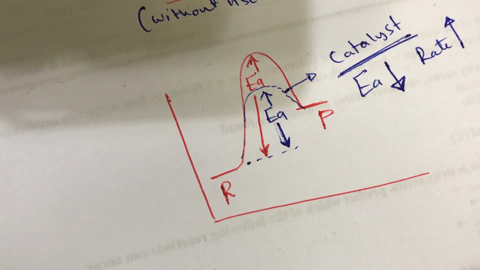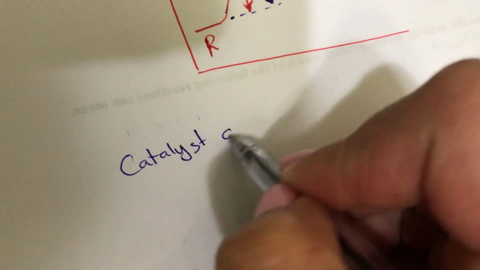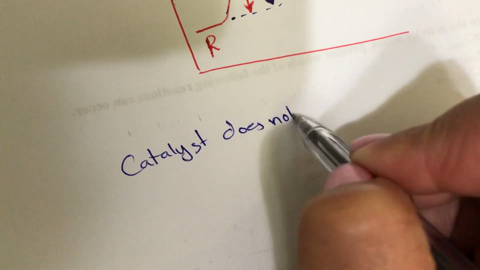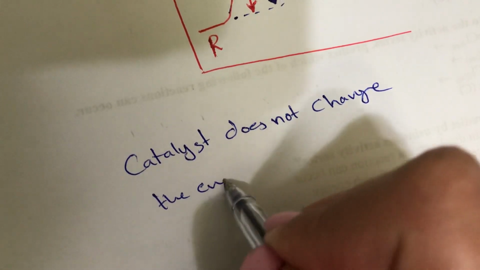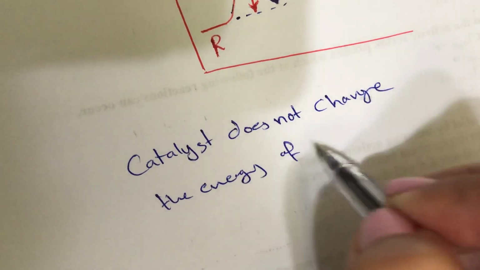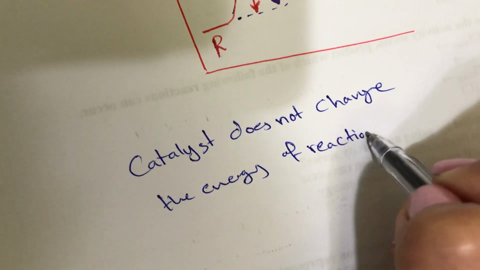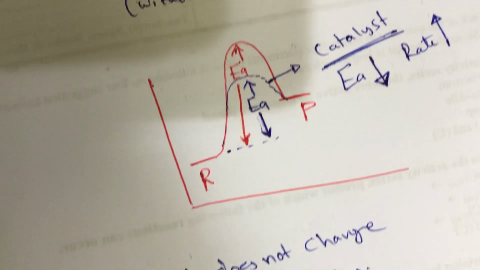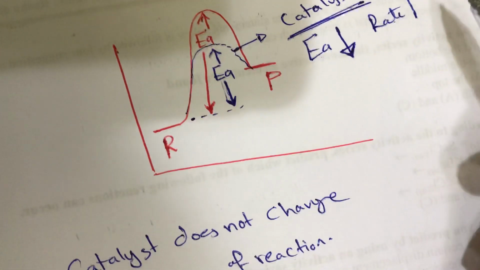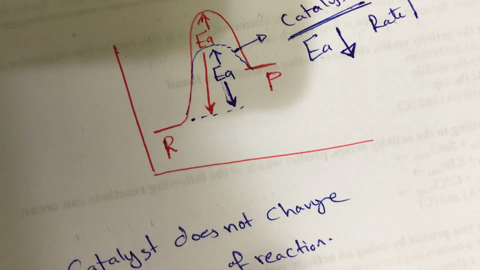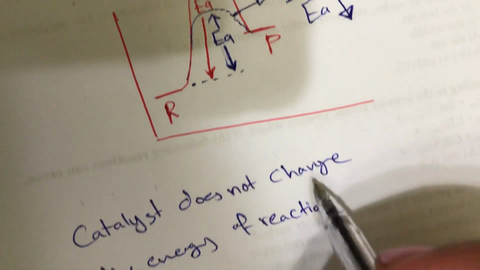Now you have to know that a catalyst does not change the energy of the reaction. It just increases the rate of reaction by lowering the activation energy, but the energy of the reaction does not change.